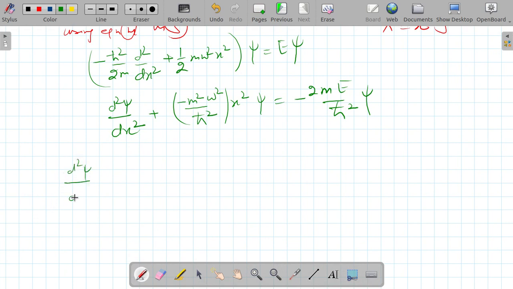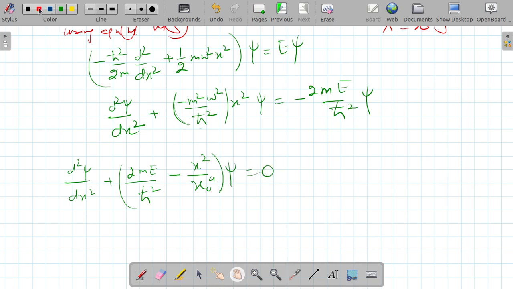And this equation will become d square psi over dx square plus 2mE over h cross square, bringing this to this side, minus x square over x naught to the power 4. That means I have chosen this whole quantity as x naught raised to power 4. We'll talk about it after writing down this equation.